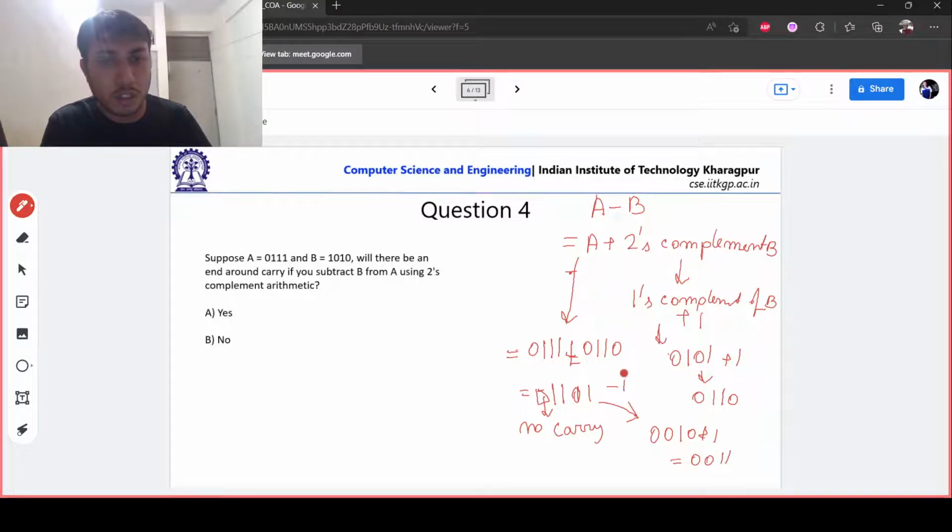So it is a negative. So no carry is generated. So the answer is option B.